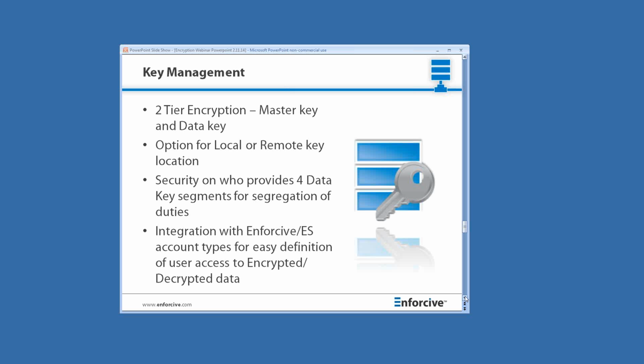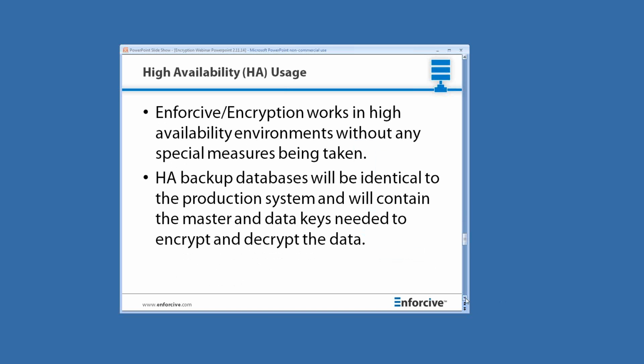Using our account types, it makes it easy for the encryption and decryption of the data. This is the one slide I said about high availability. If you're using any software, when you replicate that data to another system, it will be encrypted, right?